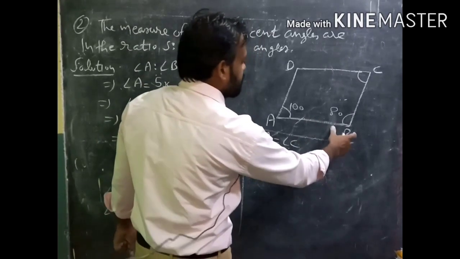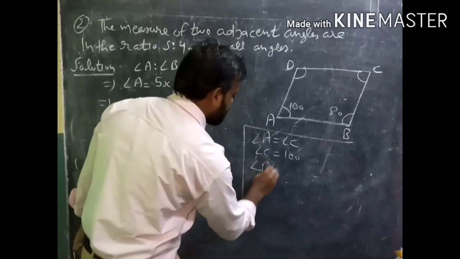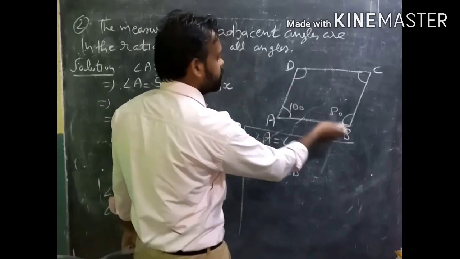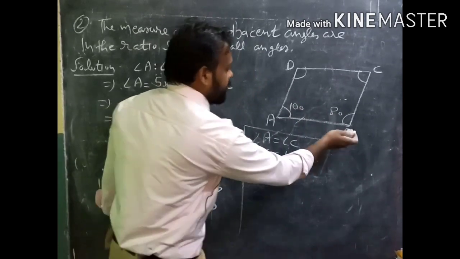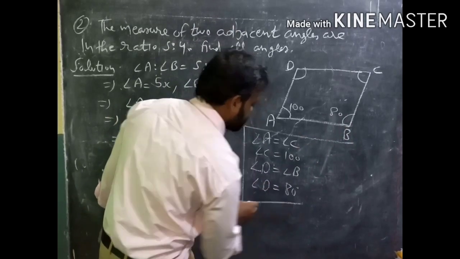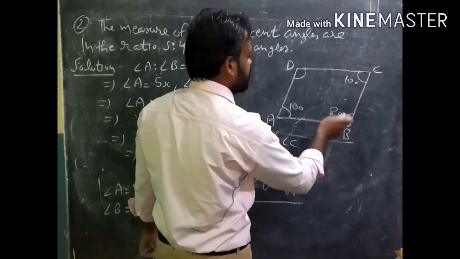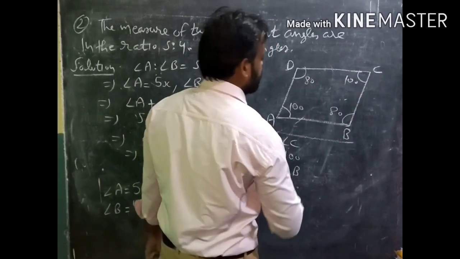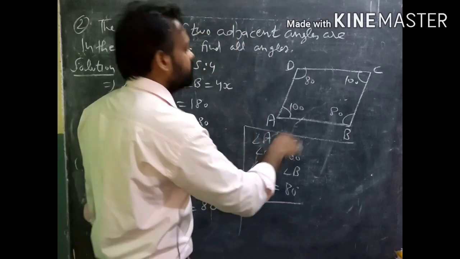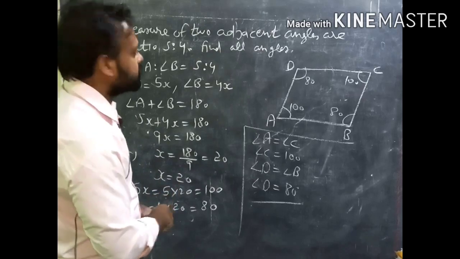Similarly, angle B is equal to angle D, because opposite angles are equal, and angle B is of 80 degrees, then of course angle D is also of 80 degrees. So the value of C is 100 degrees and D is 80 degrees. Like this way we can find all the angles of a parallelogram. I hope this is clear to you.